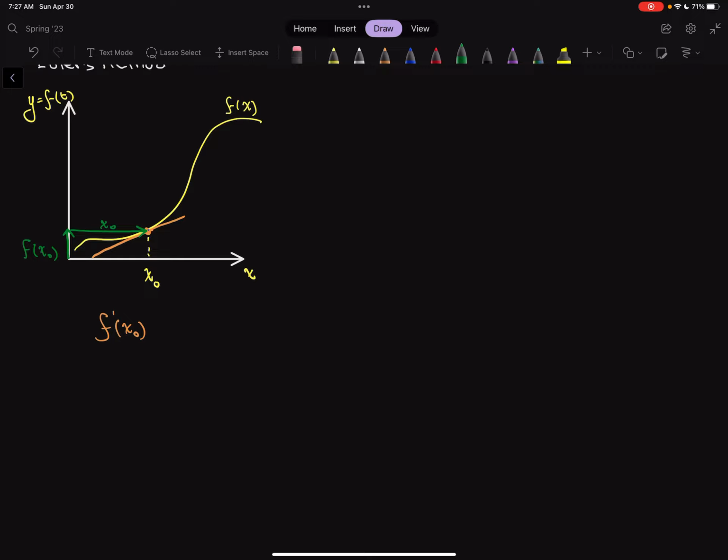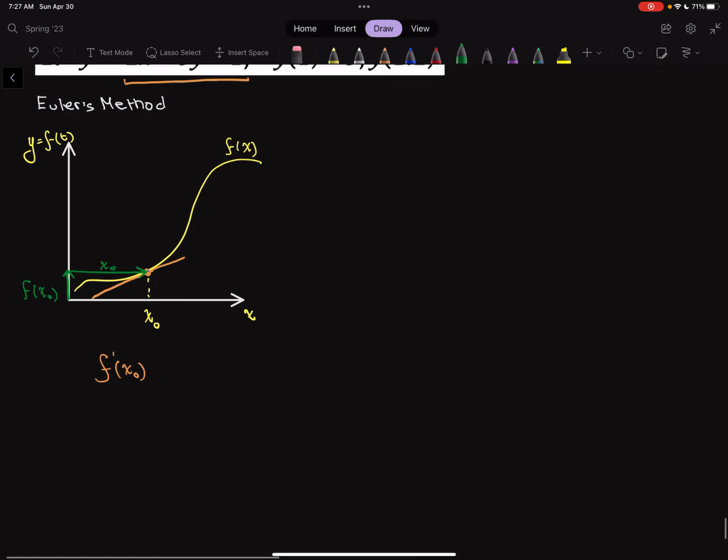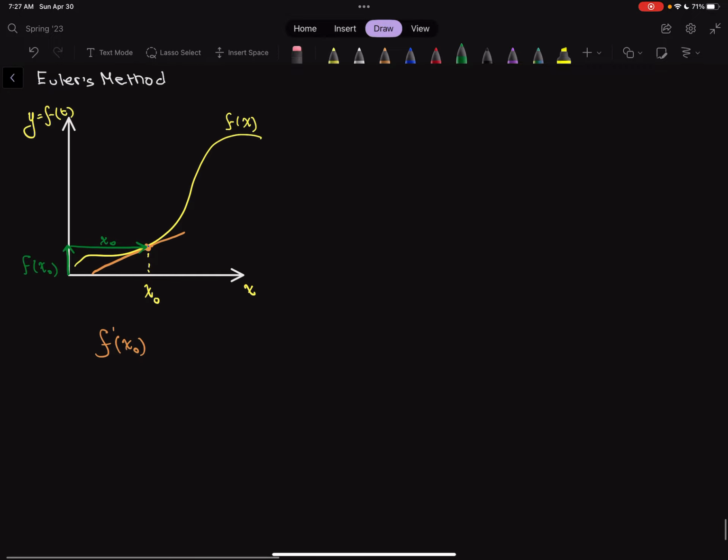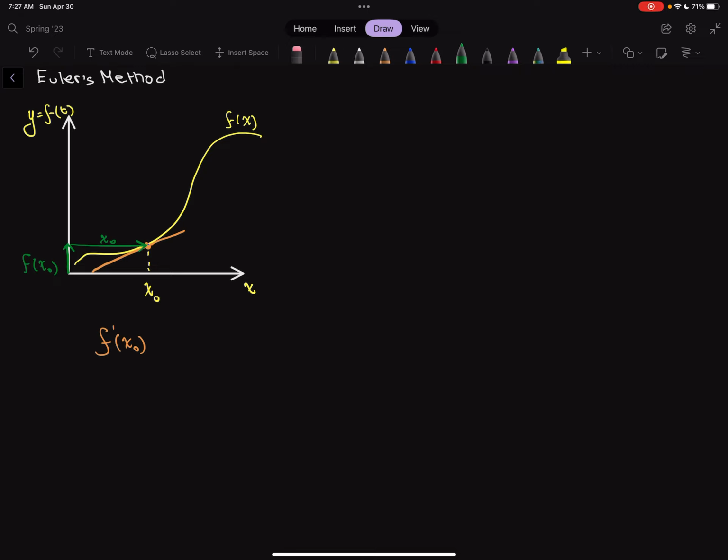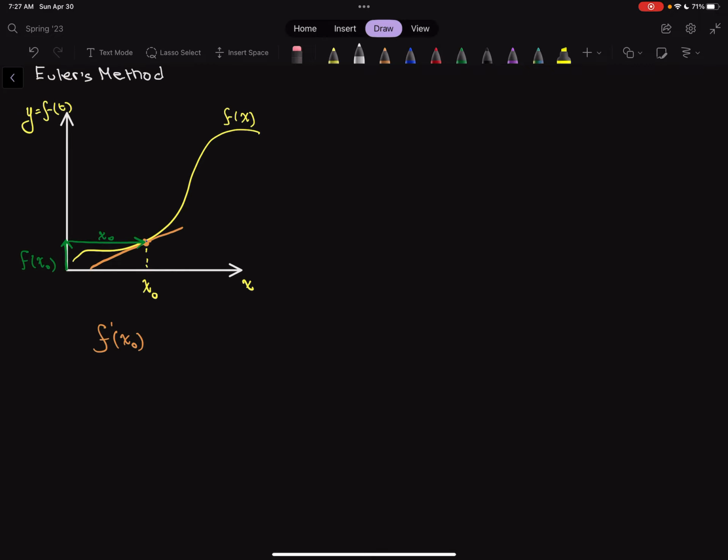However, we do not have f of x naught. So if I want to find a value for f of x, I can shift it by that amount x naught, and then add f of x naught.